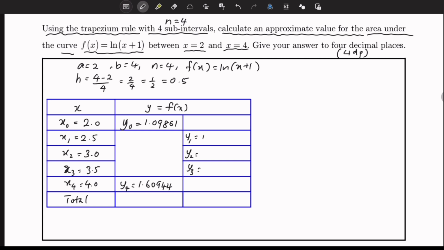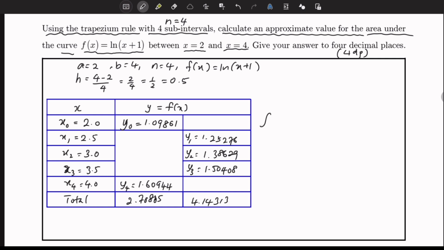So this is 1.25276, 1.38629, and 1.50408. So you total up the values. Here we will get 2.70805, and here will be 4.14313. Then we use the formula.